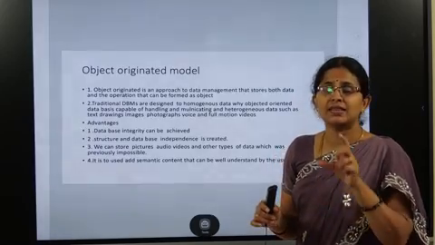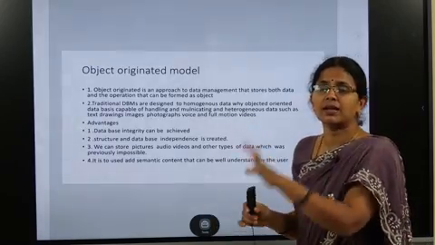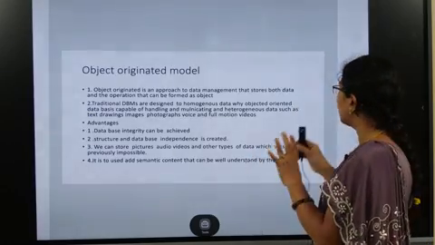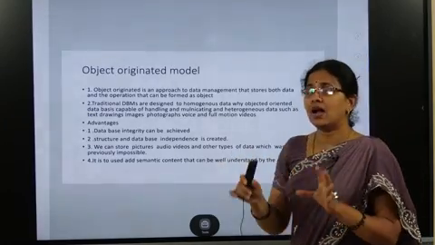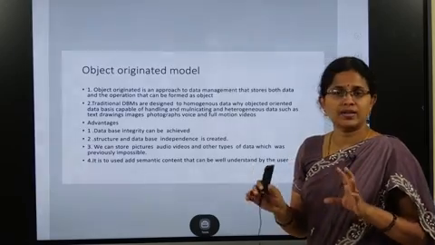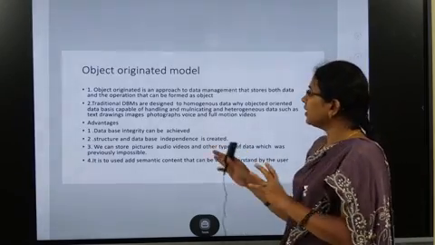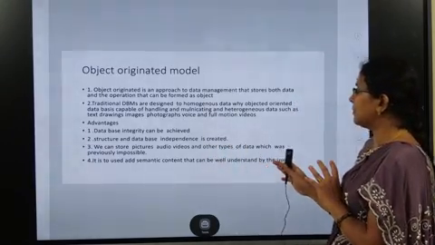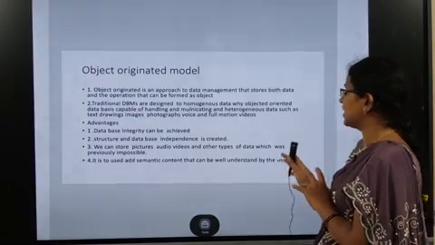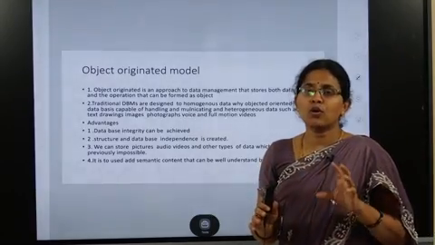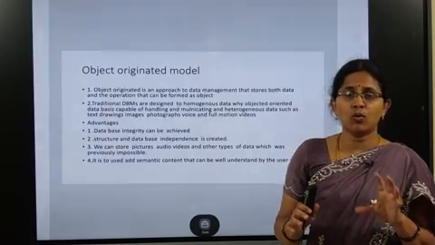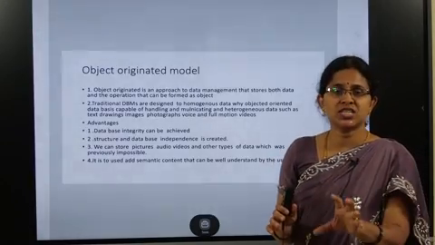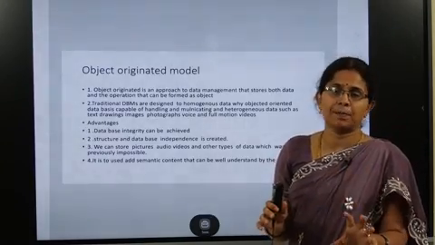So that's why this object oriented model completely gives you a picture how the data and its operations are carried out in the system. And here in case of traditional DBMS are designed to homogeneous data. I think all of you know what exactly homogeneous data is about. Homogeneous is nothing but similar data.